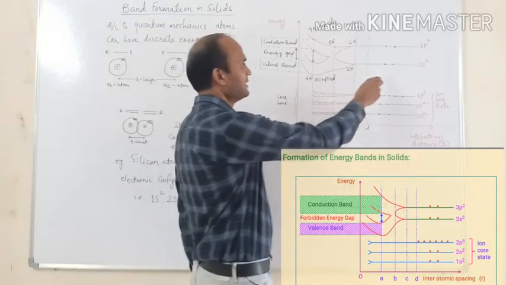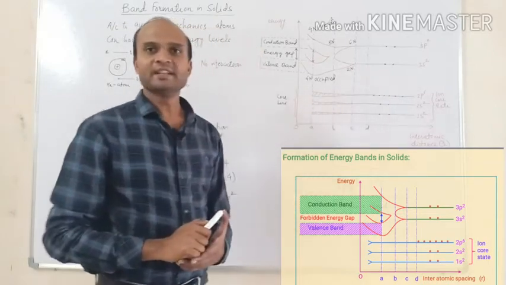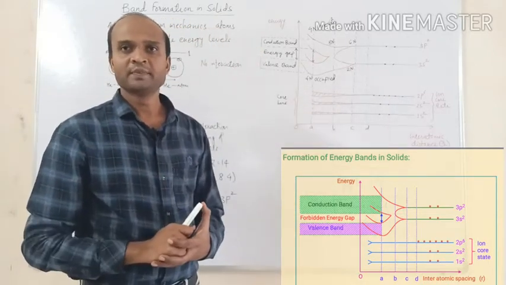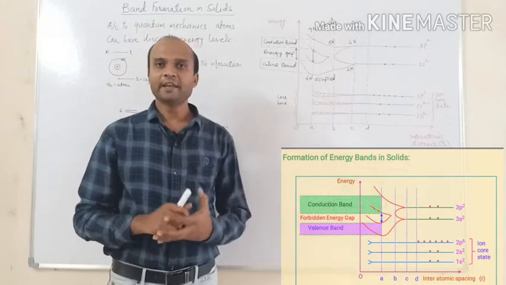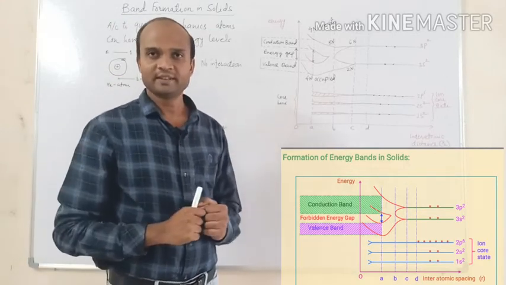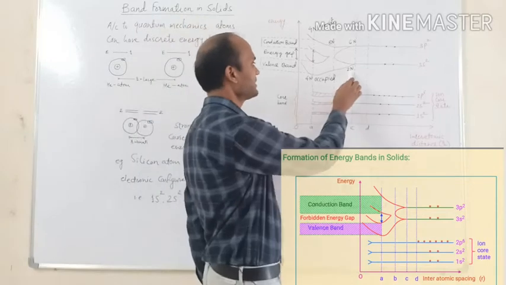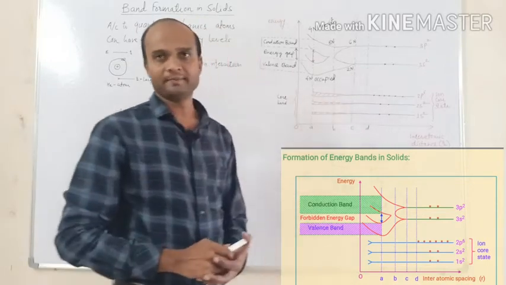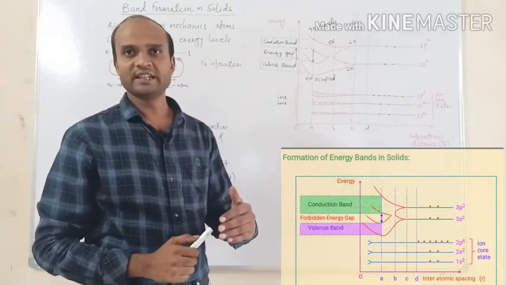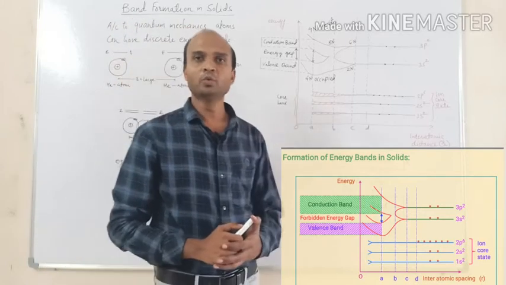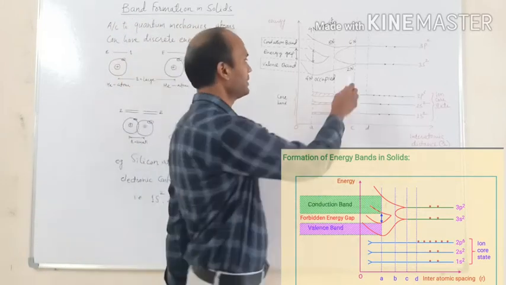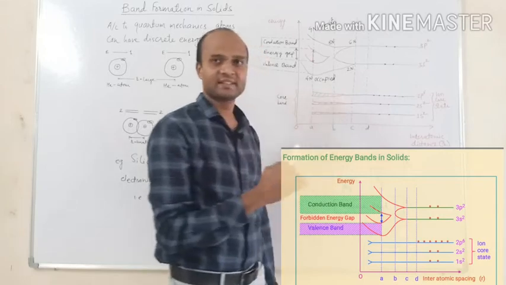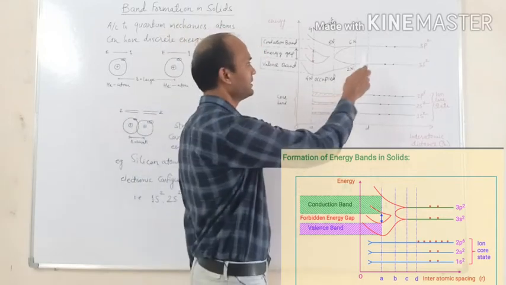The 3s orbital has a capacity of 2 electrons only, and if n atoms are present, the total number of energy states will be 2n, because a single energy level will be split into 2n energy levels.